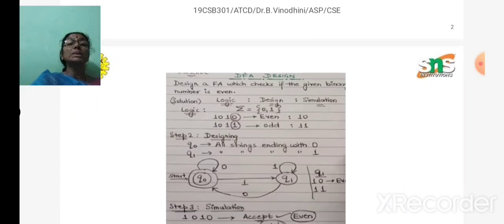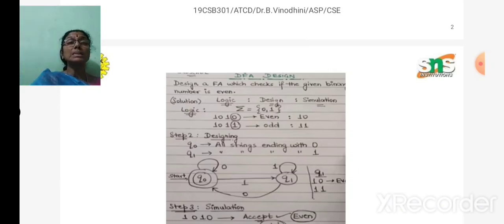First, the logic begins: suppose the number's last digit ends with either 0 or 1. We are going to design an automata to check whether the given binary number is even or not. A binary number is a combination of ones and zeros.